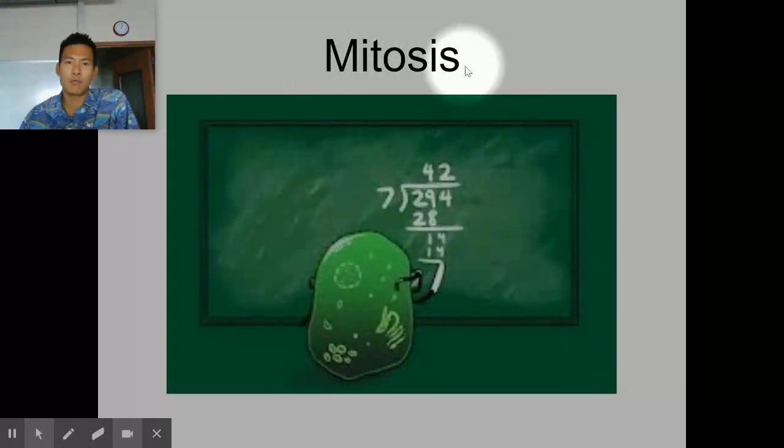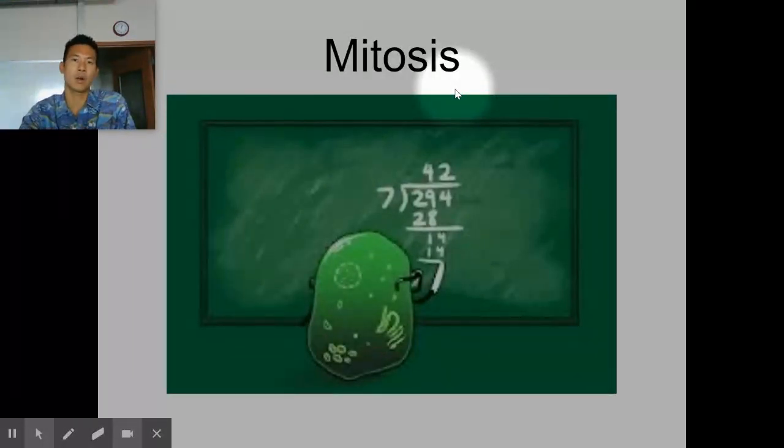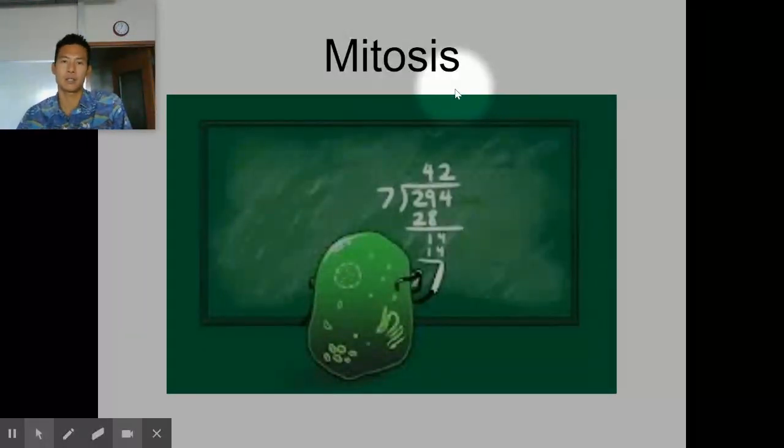Okay, now what if you were a multicellular organism such as yourselves? When do you think you would have to go through cell division? When would you add more cells to your multicellular body? The answer to that is basically, think about the size you were when you were a baby.